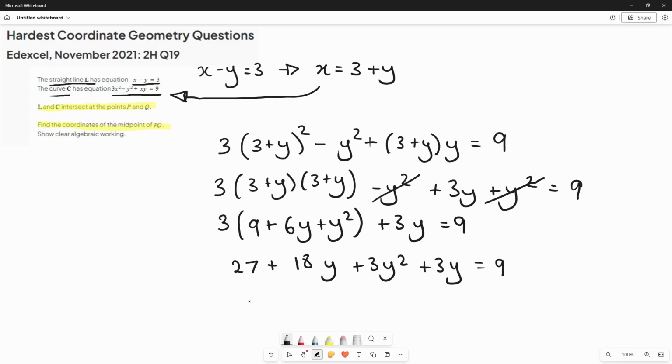And now we'll make it a nice equation which equals 0. Okay, so we've got our equation equal to 0, we've got a quadratic. I'm going to rub this all out so I have a bit more space, and write the quadratic out at the top.